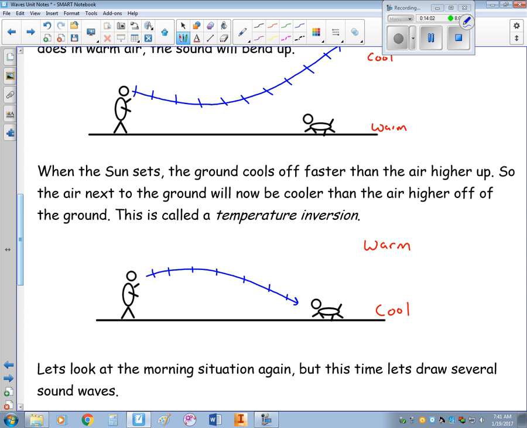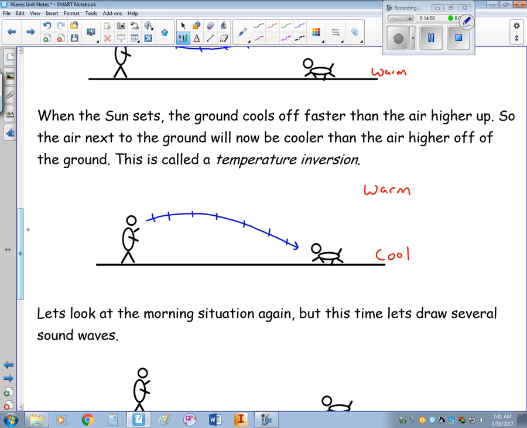And notice how the cool and the warm have switched. It's been inverted. So what this means is you can hear stuff happening farther away. During the day, you normally wouldn't be able to hear something that's really far away, but as the day cools off and as you get closer to nightfall, or in the evening, you'll find that you're able to hear things happening farther away.